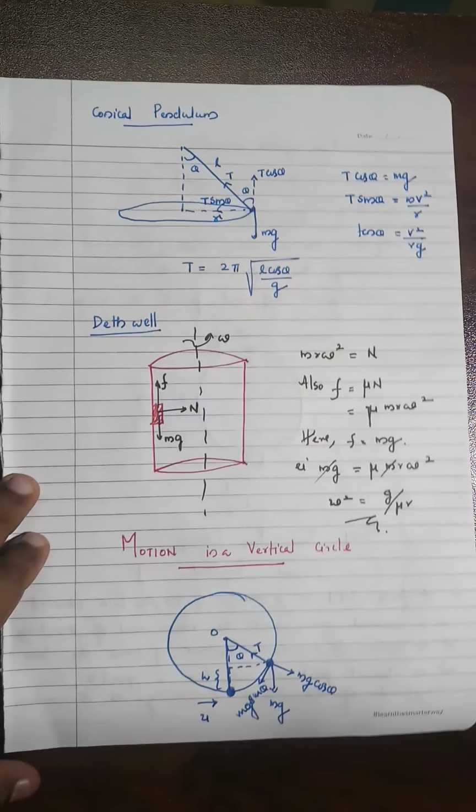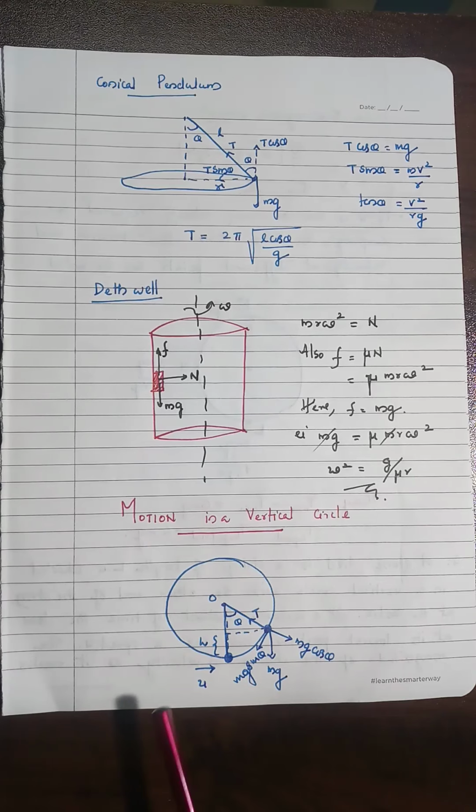From the examination point of view, a very important topic is vertical circular motion. So you just take a bob tied to a string and give it an initial velocity u at the bottom. If it has sufficient energy, it will execute vertical circular motion.